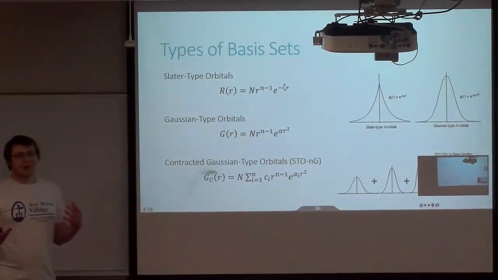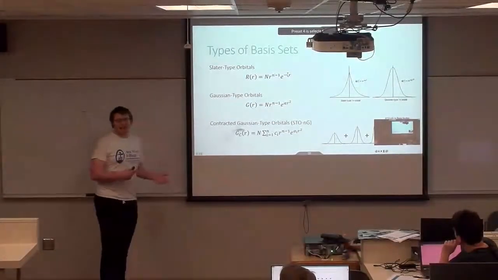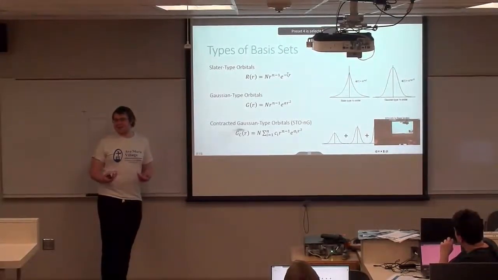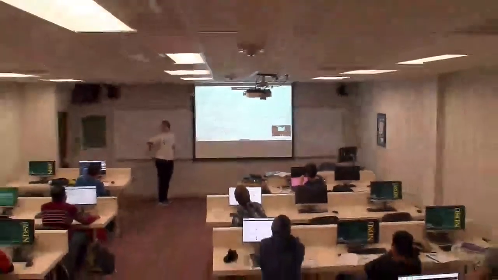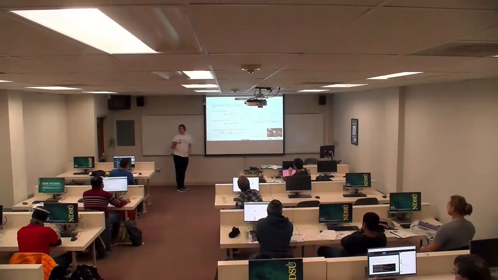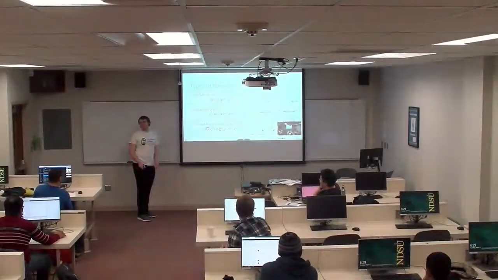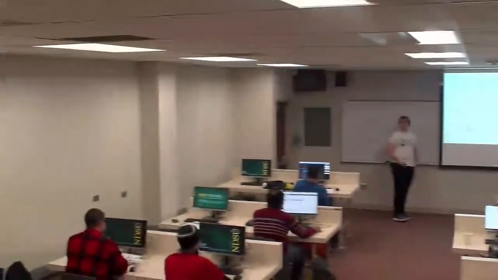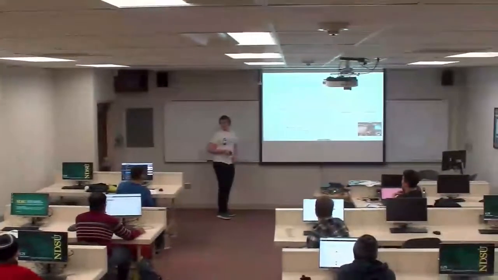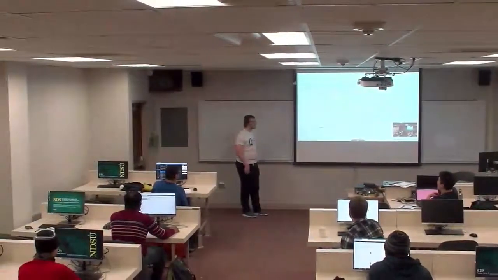So we don't actively change them, or at least not in this case. I'm sure that if you wanted to, you could create a basis function that actively changes what type of orbital we use as we get further out. I'm sure someone has thought of that, but we don't do that, at least not for any of these.